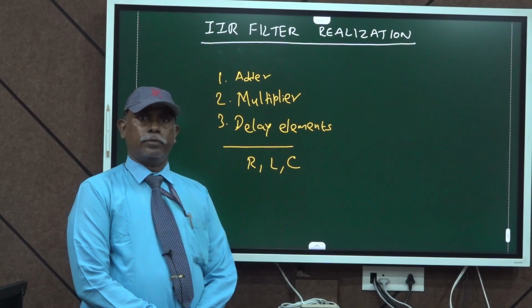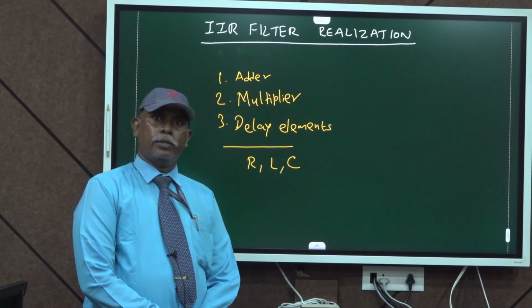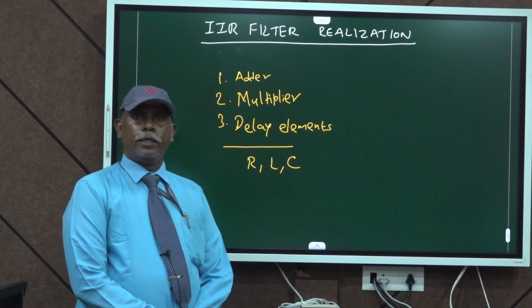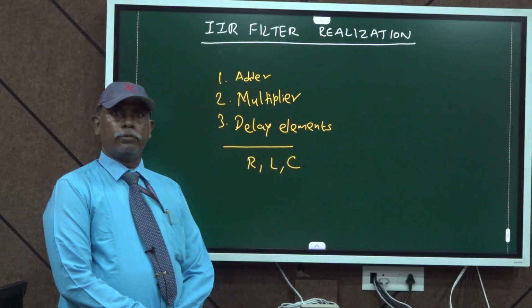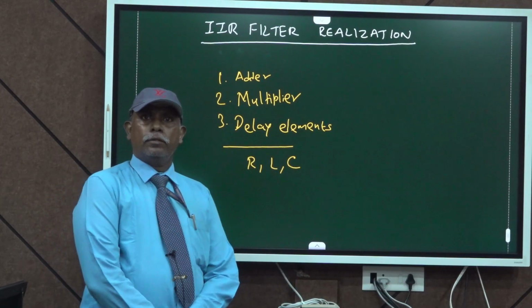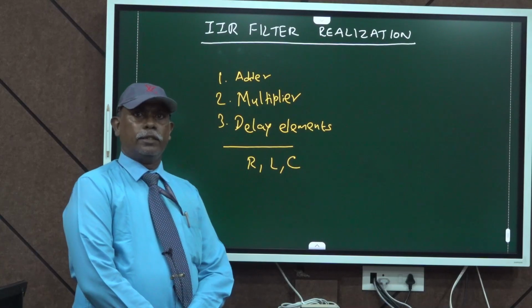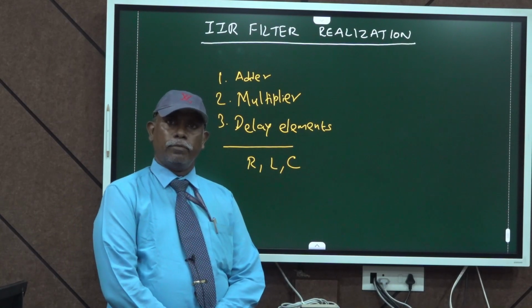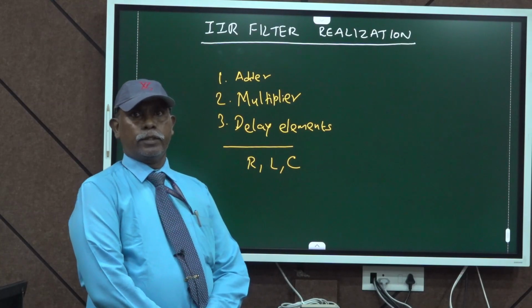It is very tough, because if I want to change from a high pass filter to a low pass filter, my entire design should be changed, and the values of R, L, C change too. R, L, C are costly, so every time we have to purchase them for designing new filters.